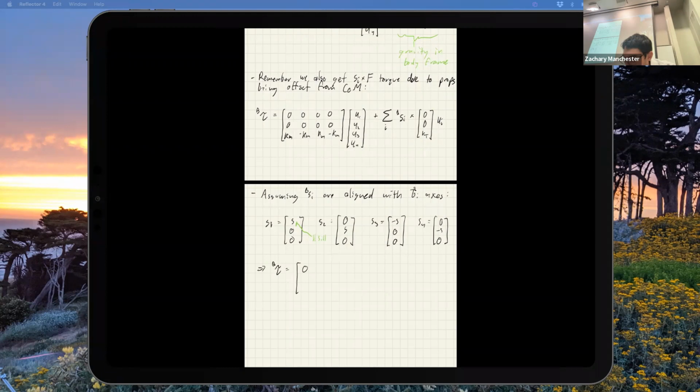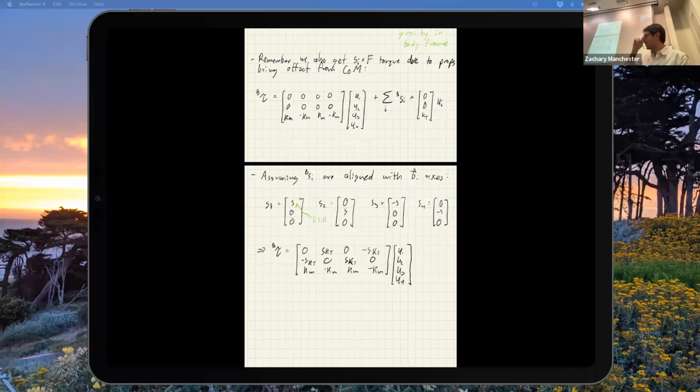So it's something like this. Cool. Now you're good to go. Now you just plug all this into the Newton-Euler stuff.